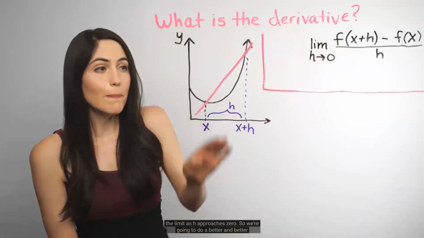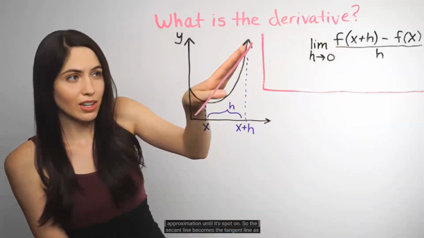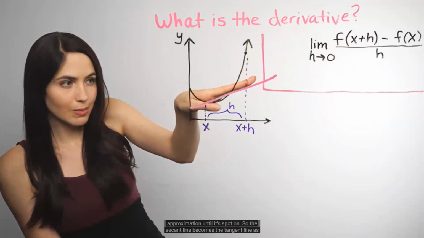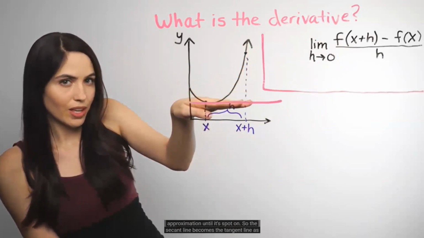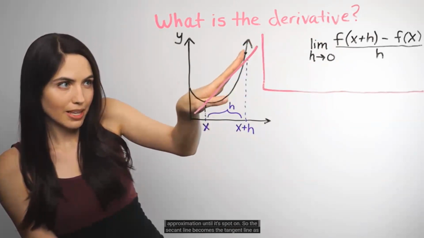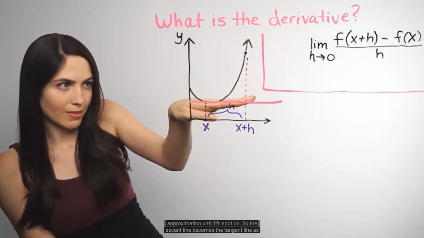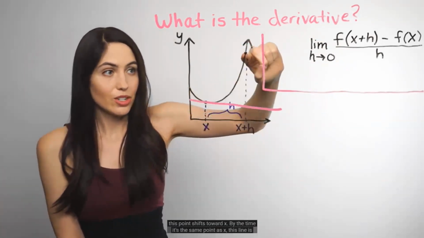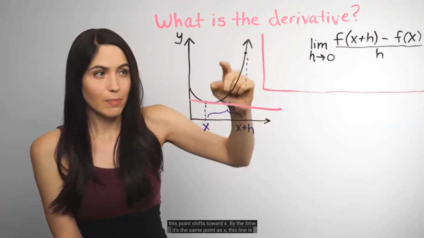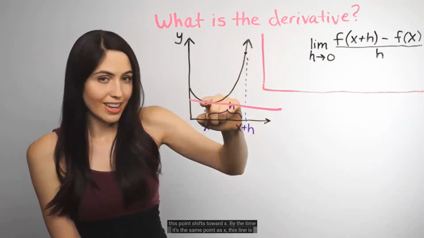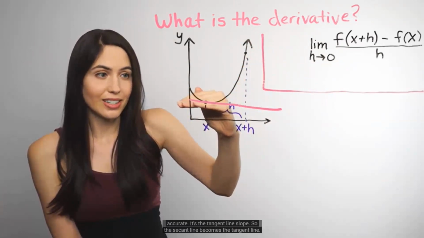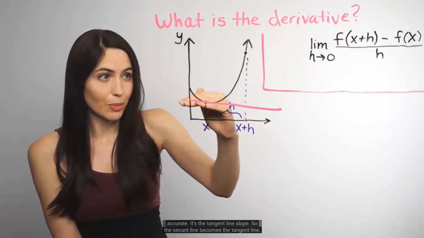So we're gonna do a better and better approximation until the secant line becomes the tangent line. As this point shifts toward x, by the time it's the same point as x, this line is the accurate tangent line slope.